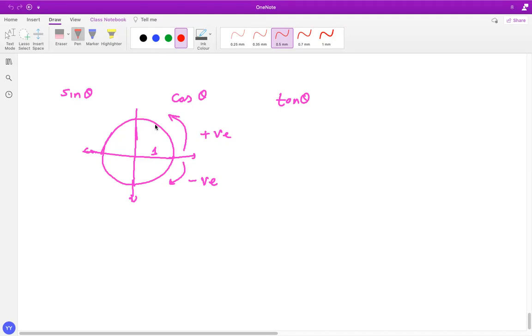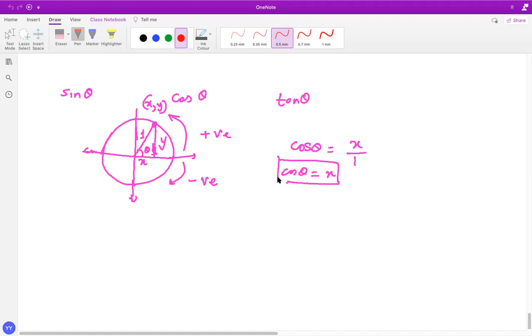Now, let us say I have a point x comma y on this unit circle. If I project the lengths, this length is 1 because that's the radius, this is x and this is y. If this angle is theta, then cos theta is adjacent over hypotenuse, so cos theta is x here.